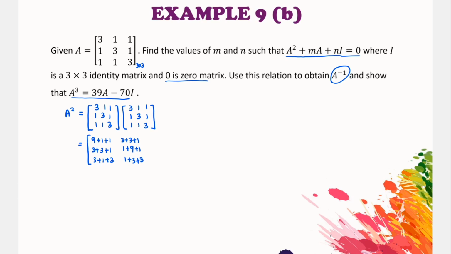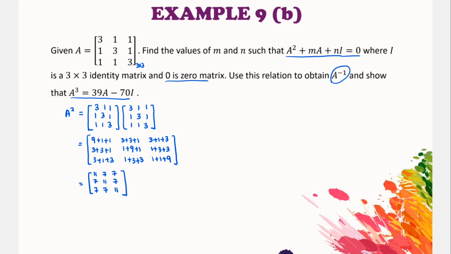The next one is 3 plus 1 plus 3, 1 plus 3 plus 3, and 1 plus 1 plus 9. We get the results of A squared: 11, 7, 7, 7, 11, 7, 7, 7, 11. So this is the result for A squared.